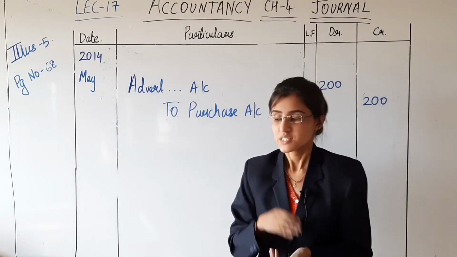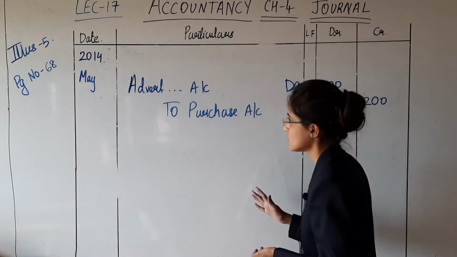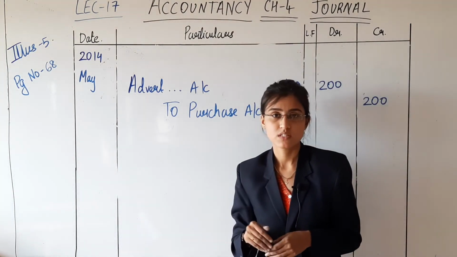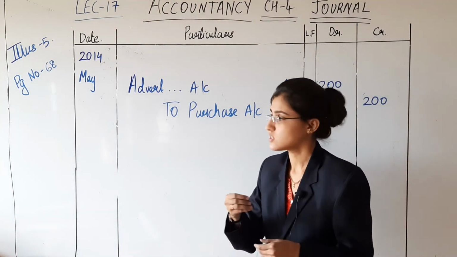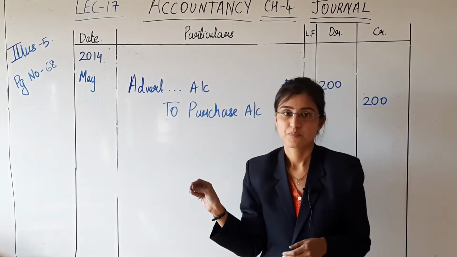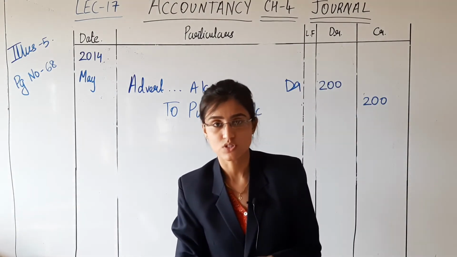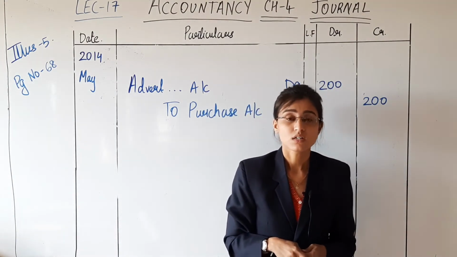So you should pay extreme level of attention, and still if you are facing some sort of difficulty about why this has been debited, why this is credited, then firstly you will have to revise chapter 2 thoroughly.